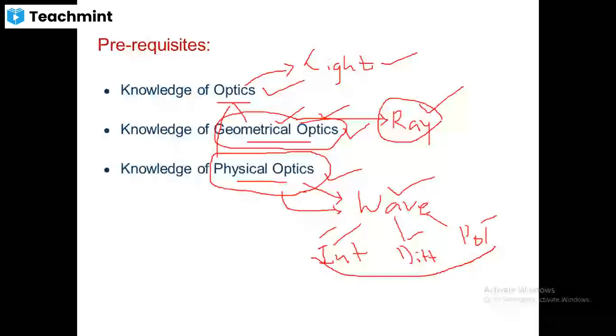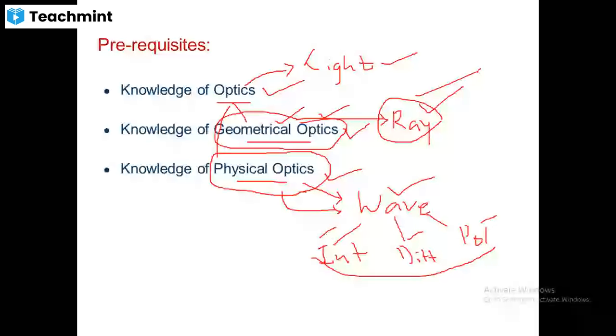All these phenomena can be explained only if you consider light as a wave. Therefore, we say physical optics is all about the wave nature of light, whereas geometrical optics is all about the ray nature, or you can say the so-called particle nature.